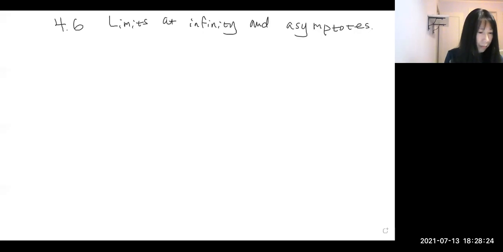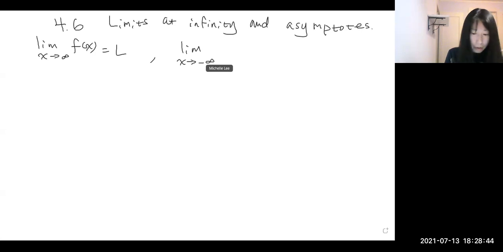Okay. So let me just write down the definition quickly. Limit as x approaches positive infinity, the function goes to L. Also, as x approaches negative infinity, it goes to some number L, okay?